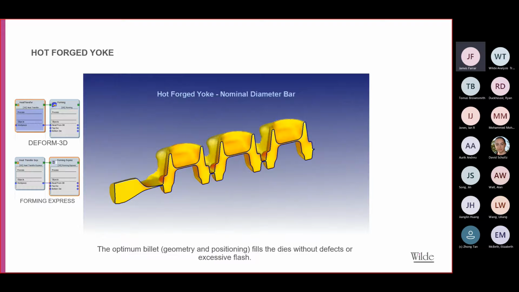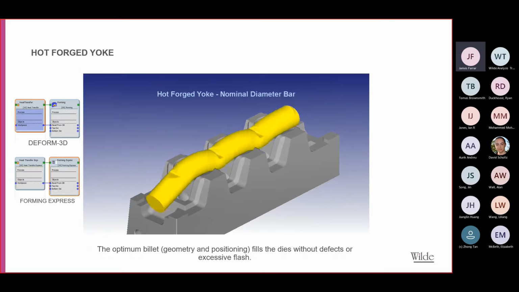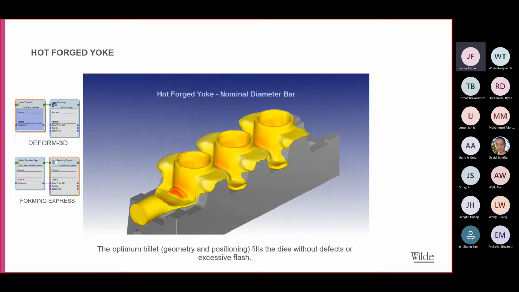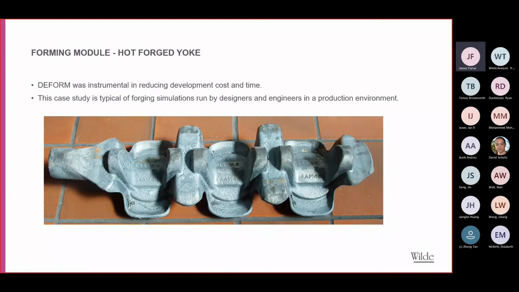So we've evaluated bar size and positioning, and the final component looks like this. It's a simple single blow process, but you can look at various operations to examine fill, whether you get laps or defects, and optimize the positioning. You can then design the tooling so that you get the positioning right consistently. So that's a typical kind of process.